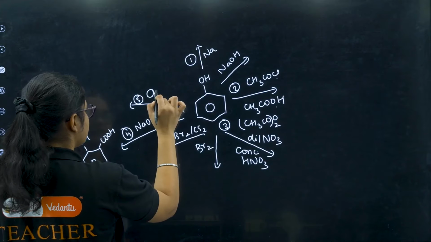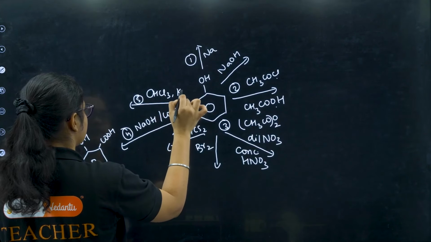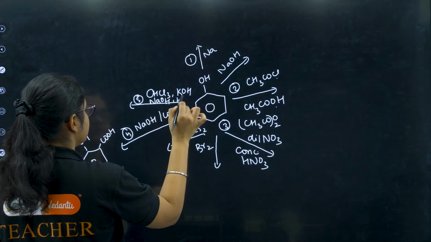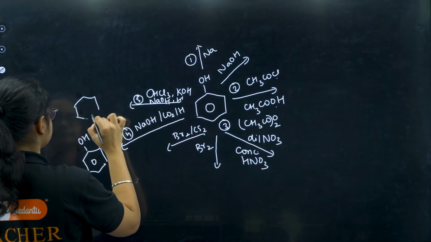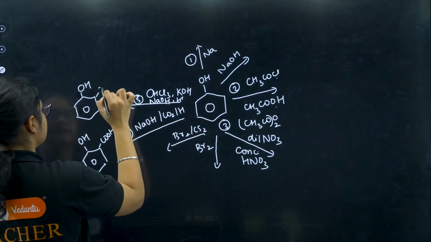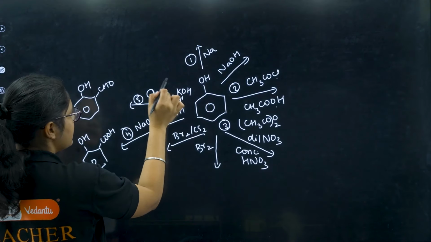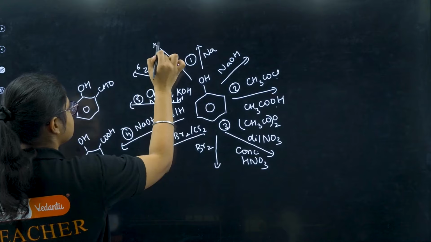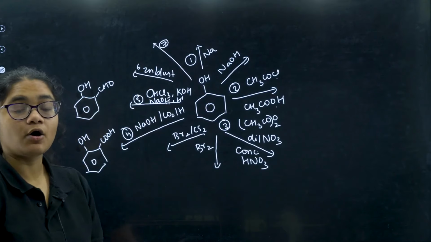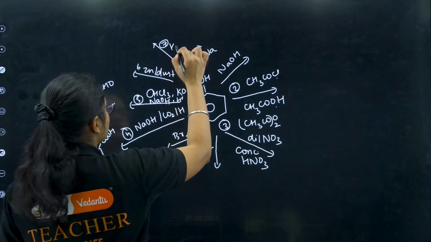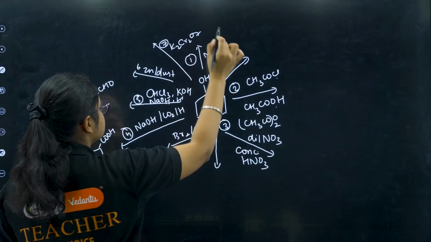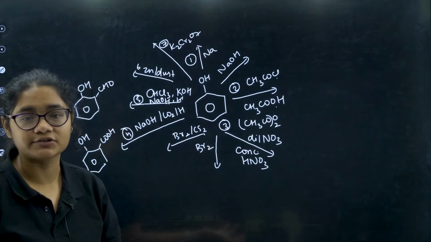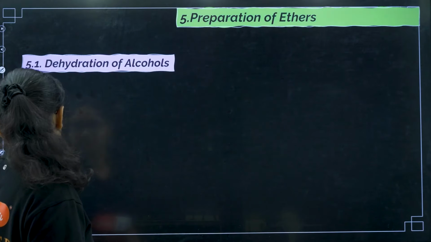So you use there CHCl3 with KOH, then you use NaOH and H plus, and you will get here OH and CHO. Quickly revise with me. Then sixth was your zinc dust, okay, that will give you phenol, and the seventh one was what? Oxidation, that is K2Cr2O7, which gives benzoquinone, right? With this much we can revise all the reactions of phenols.